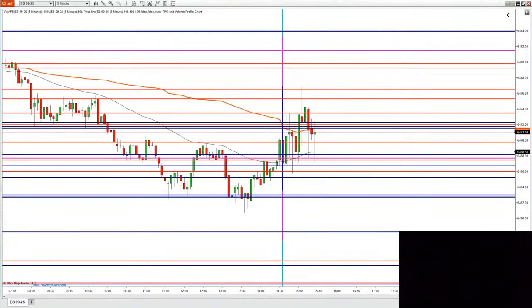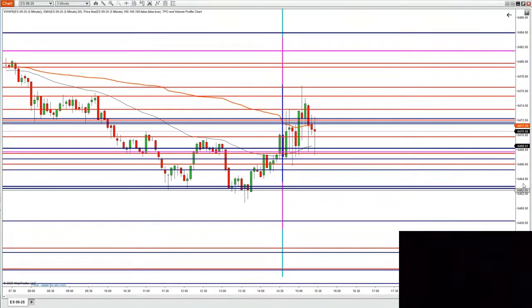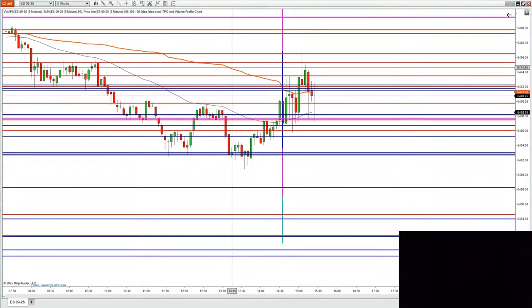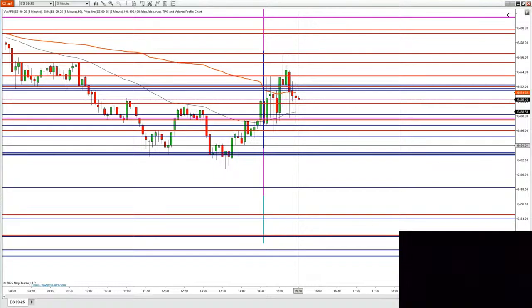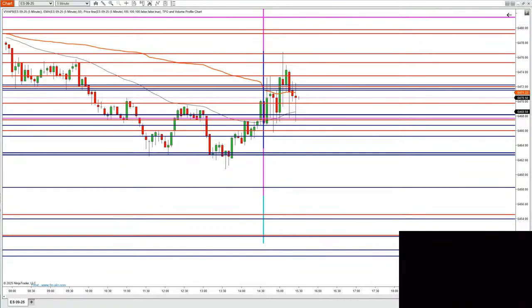This is my 5 minute candlestick chart, and this orange line is VWAP. The auction so far is very low volume, and the VIX says that you need to be really careful.